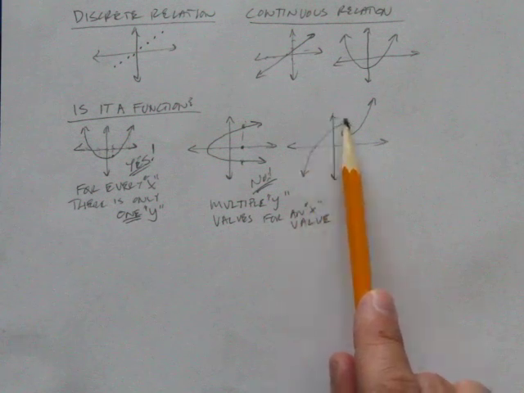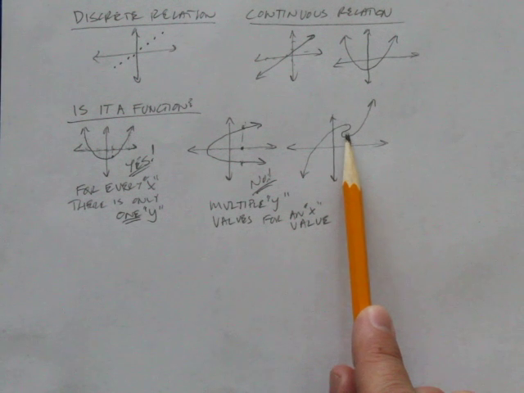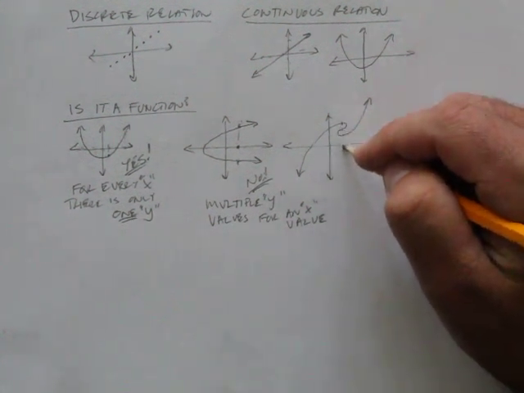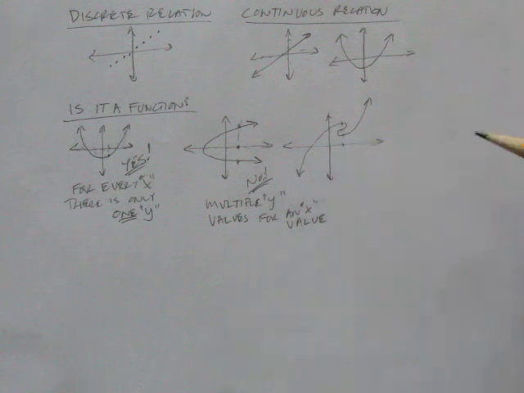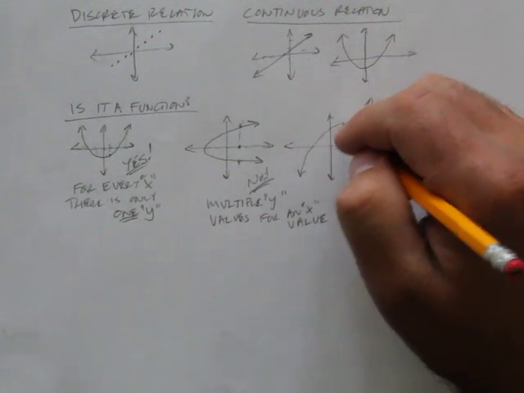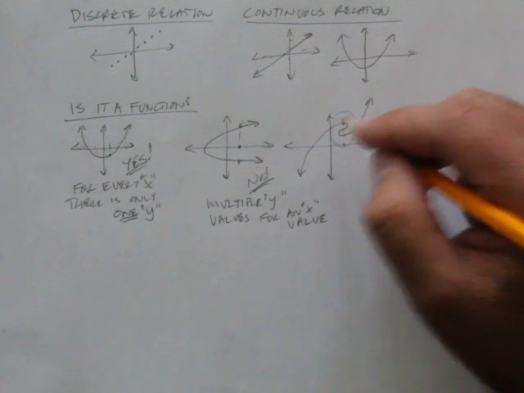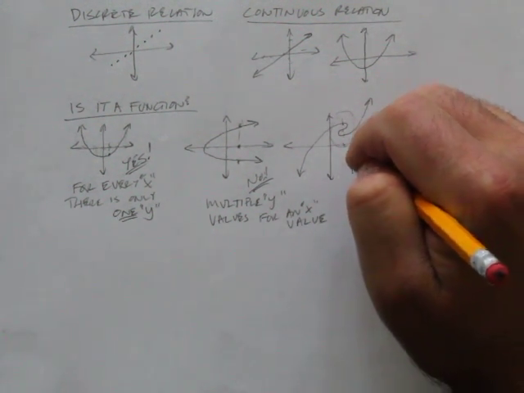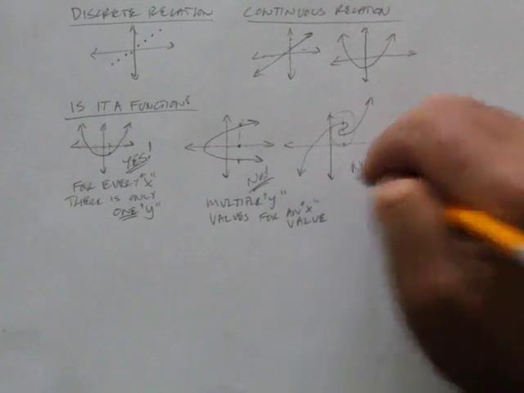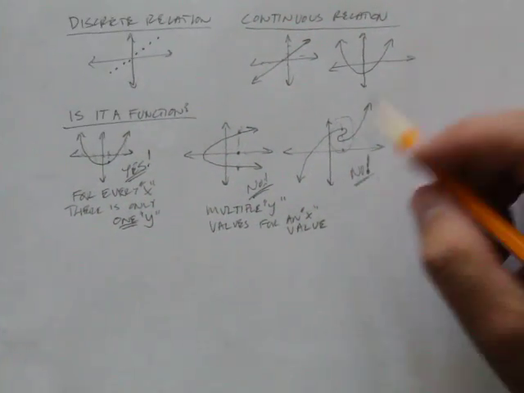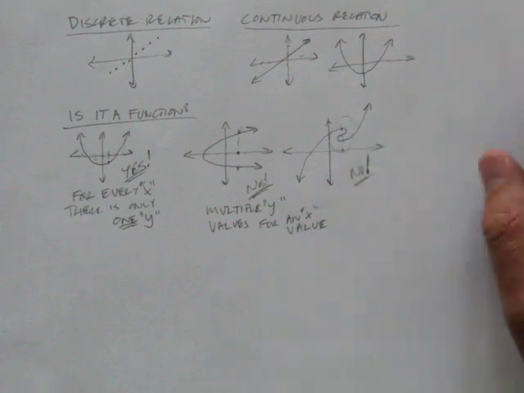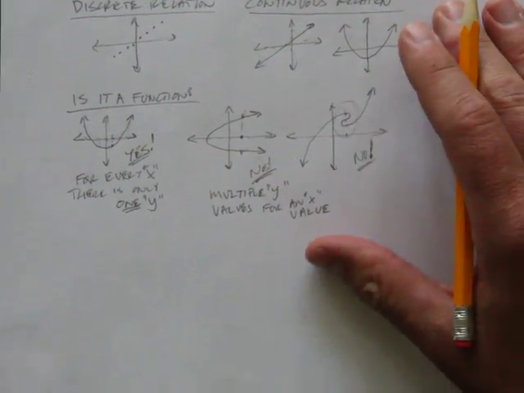But right here, I've got 1, 2, 3 y values for just one x value. So this is the problem area, even though everything else is fine. No, this is not a function, because I have multiple y values for one x value on this relation.